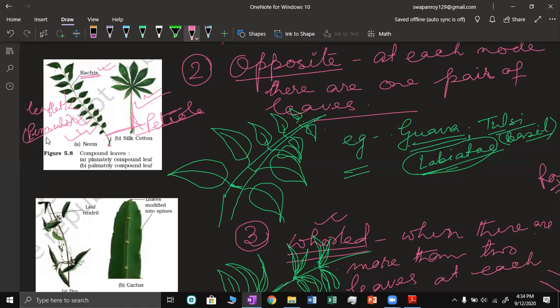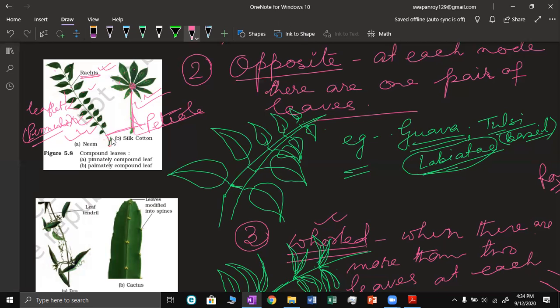Okay. This one is one type, and this one is another type. This is also a compound leaf. Here we can see that all the leaflets are coming out from a common point.